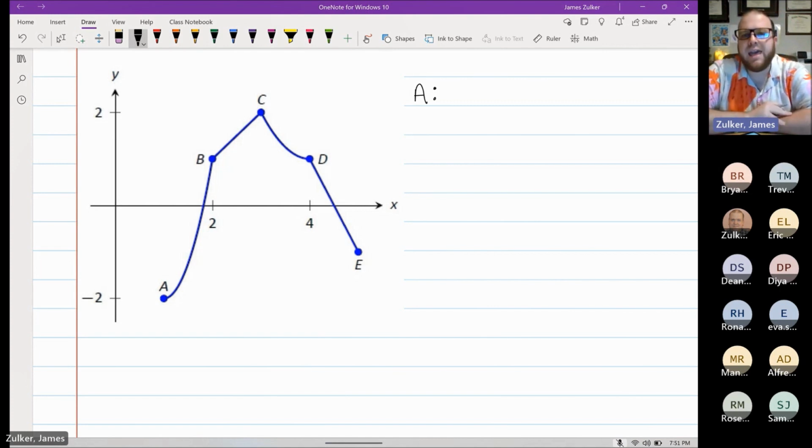All right, so look at point A. Absolute min.